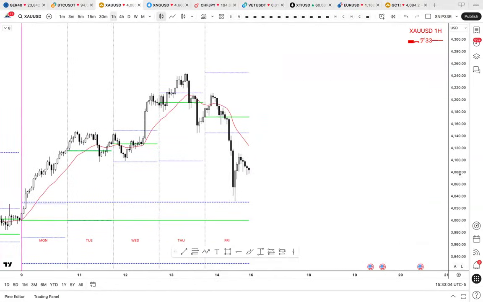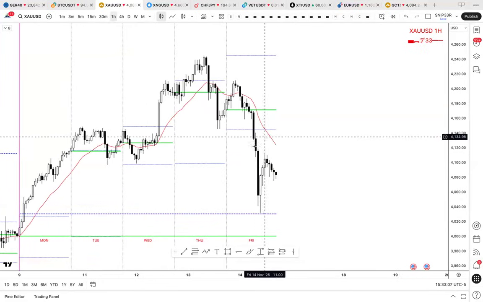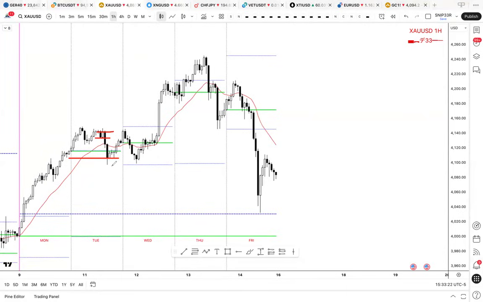Gold. This is why I love gold. This right here. It's the simple fact that almost every single day you can find either a pump coil dump or a dump coil pump opportunity. Traders are like, oh, this wasn't tradable on Friday.